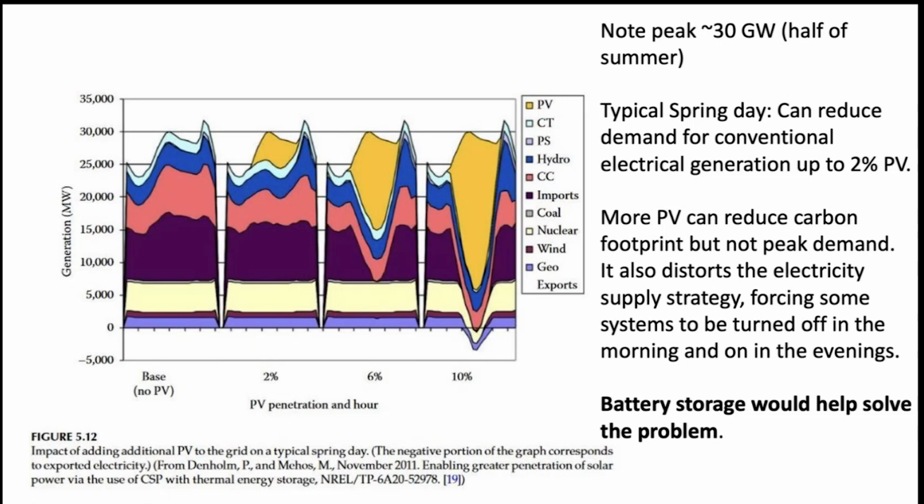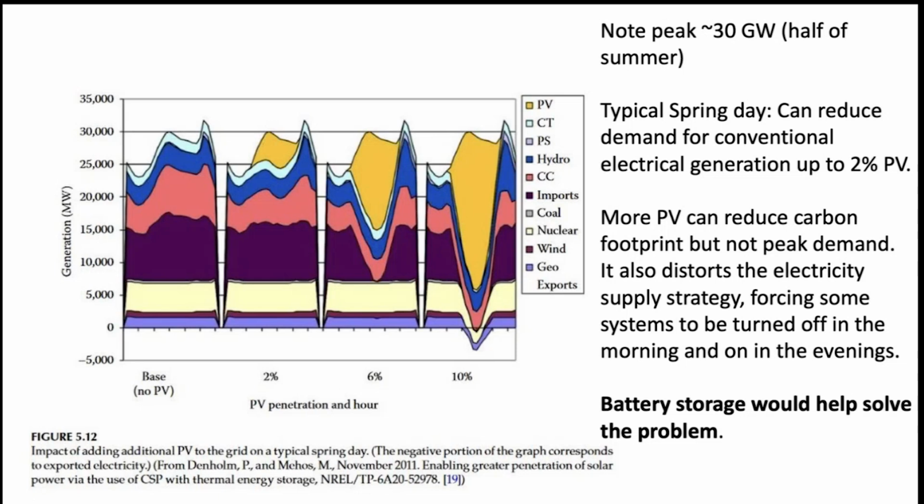They get money for that. And if they're forced to shut it down so that the solar can be integrated into the grid, they're going to be negatively impacted. This is going to really disrupt the economics of the power generation.